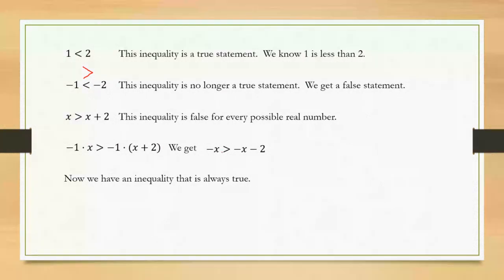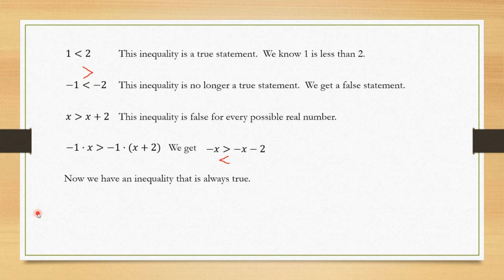It's not false anymore. In fact, it's actually always true. In other words, it should be like this. So if I forget to turn it around, then false becomes true and true becomes false. So you have to remember to flip the inequality. That's what I'm saying. Okay. All right. Good. Okay, that was fun.